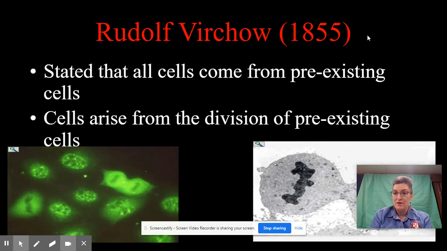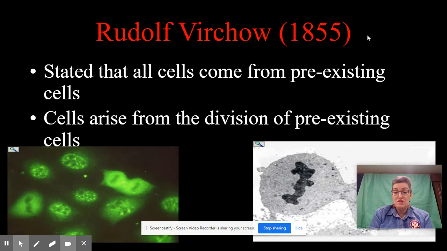Prior to this time, people believed in a lot of different things, and they actually thought that this spontaneous generation concept could happen, where if you left food out, all of a sudden bad things would grow.